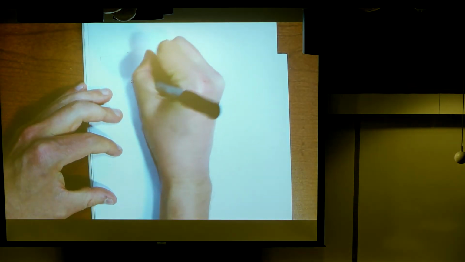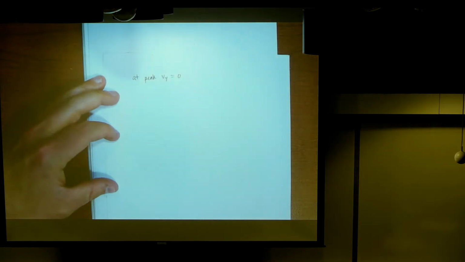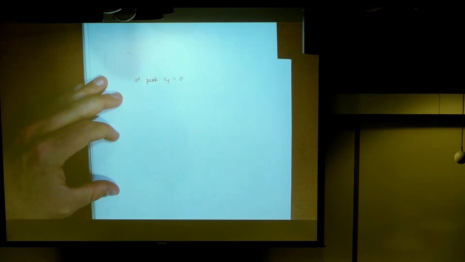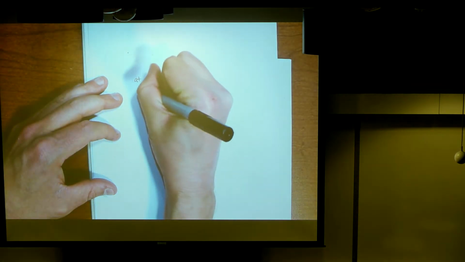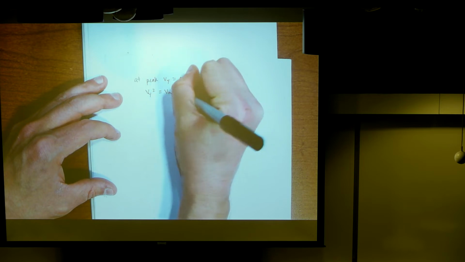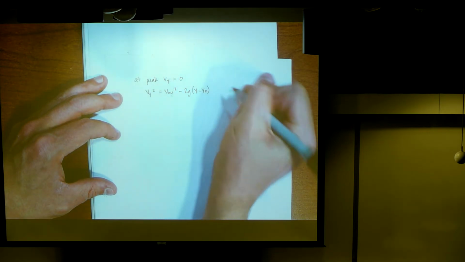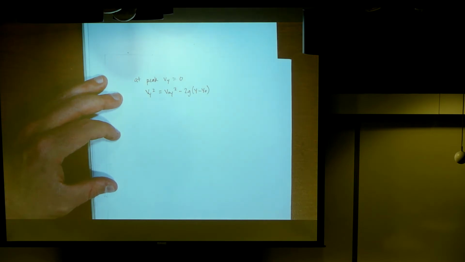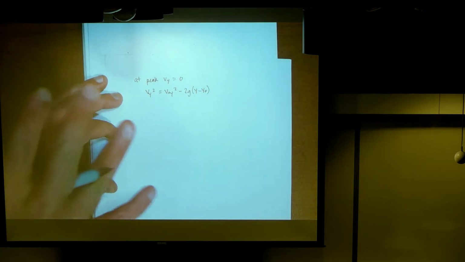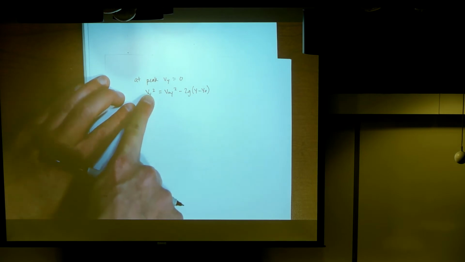Okay, so at the peak of the motion, we have Vy equals 0. That's great. One of the kinematic equations we can use is this. Vy squared equals V naught y squared minus 2g times y minus y naught. Okay, hopefully that one looks familiar. So I'm just going to plug in exactly everything we know. Okay, we're saying the final velocity in the y direction is 0, right?